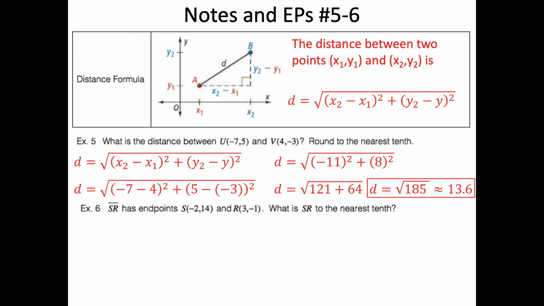You can go with this one as x1, y1, or that one as x1, y1. It doesn't make any difference. Because you're going to square it, so it's always going to be positive. And -3 minus 5 would be -8, and 5 minus -3 is +8, so same thing.